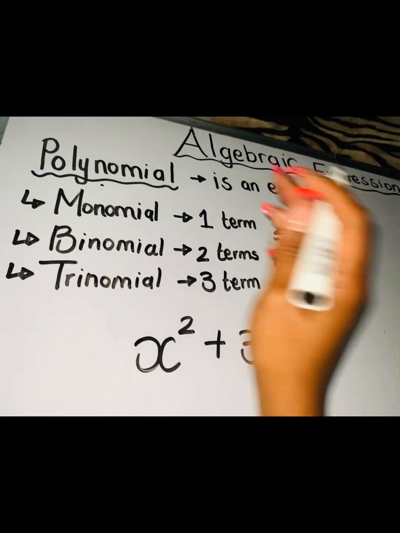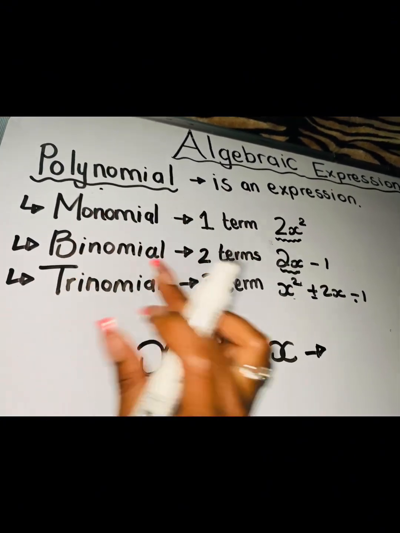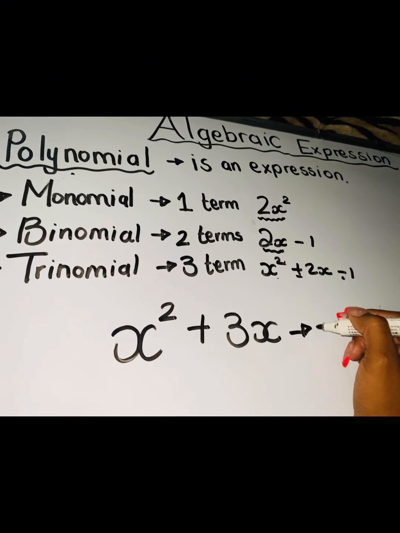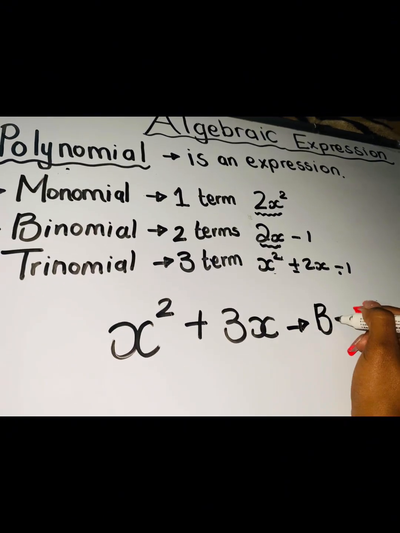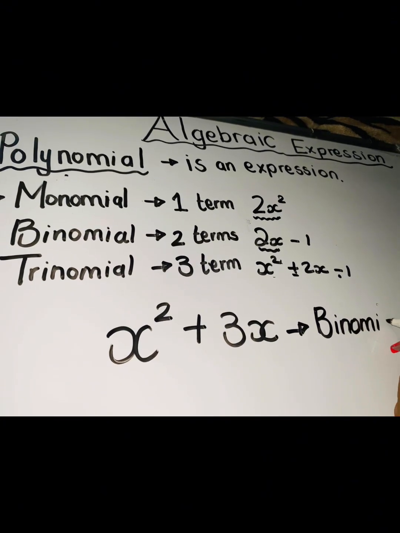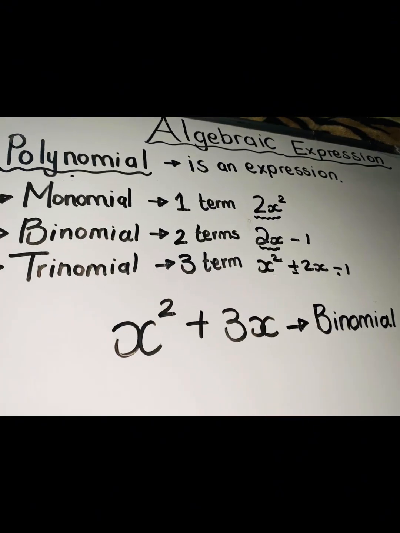So when they ask you what type of a polynomial is this, then you start explaining yourself, or you don't explain, you just say it's a monomial or binomial or trinomial. So we have this term as a binomial because it's two terms that are separated by this plus.